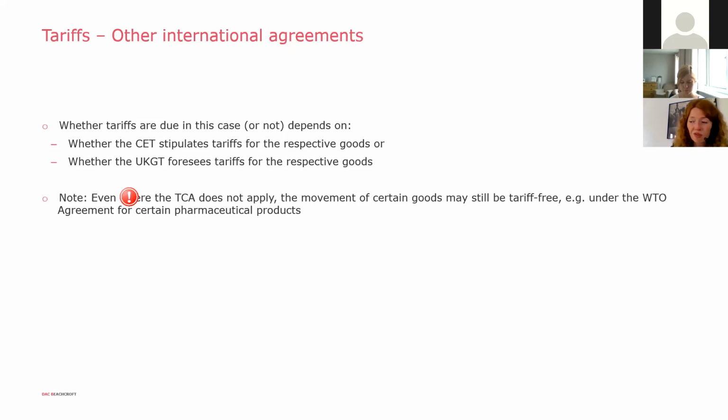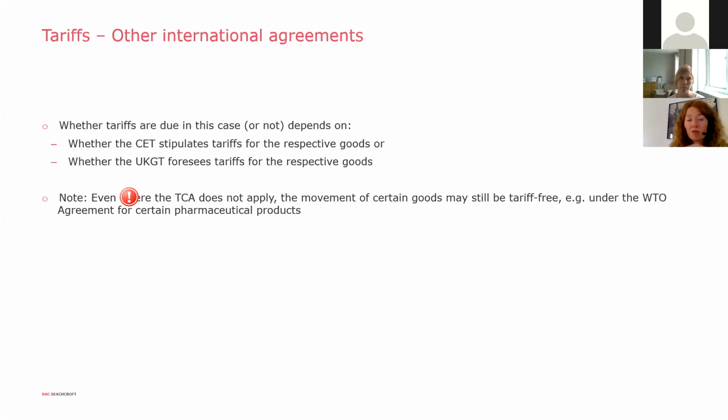It's also worth mentioning, because we deal quite a lot with pharmaceuticals in our practice, that even if the TCA doesn't apply, there might be another international agreement which applies. That might be, for example, the WTO agreement for pharmaceutical products. That's an agreement which has been entered into by numerous countries around the world. It was very promising when it was set up, but it hasn't been updated since 2010.